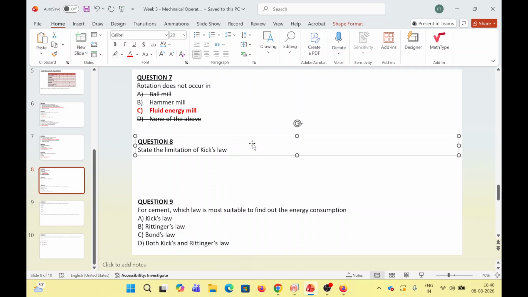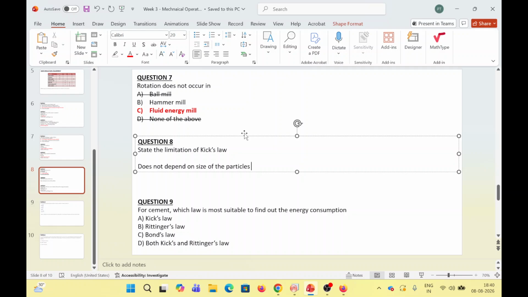So the answer is that it does not depend on the size of the particles. It's going to be irrespective of the particle size. So that is the limitation of Kick's law.